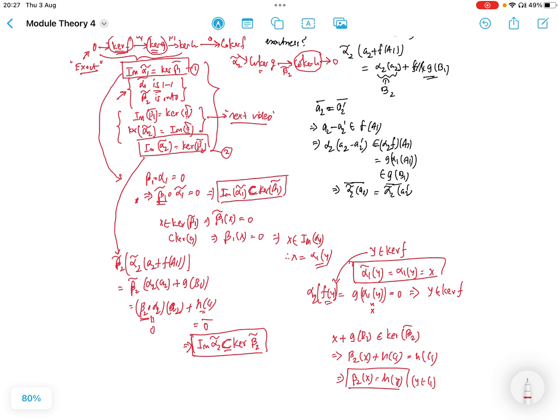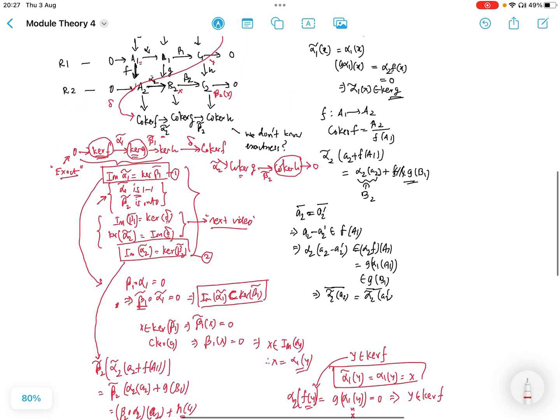So we get that beta 2x is h of y. Now y was in C1. But remember, we can easily lift y to at least B1. Even if we cannot lift it to A1 directly, we can lift it to B1. That is easy because beta 1 is surjective, because the sequence was exact.